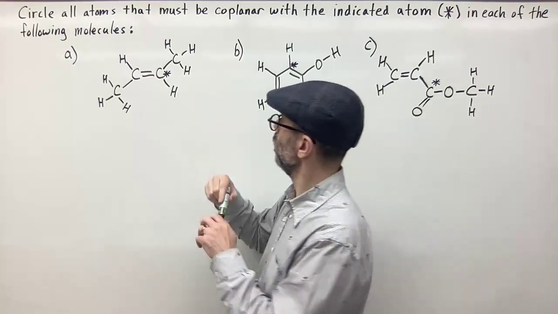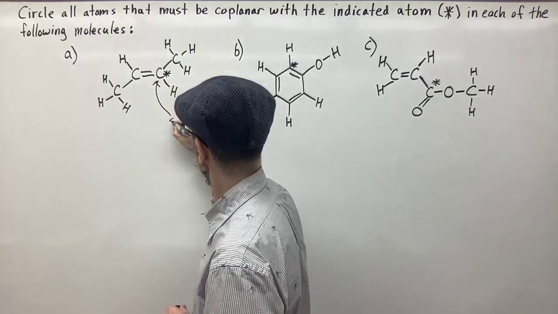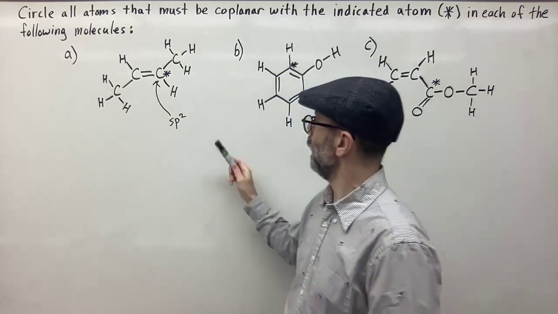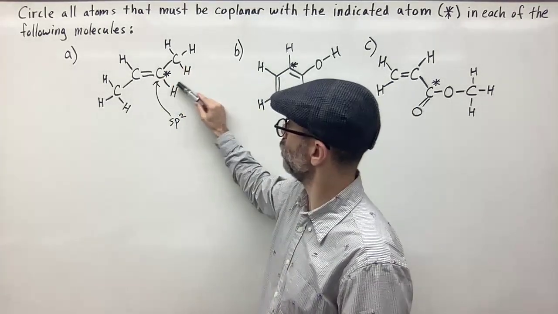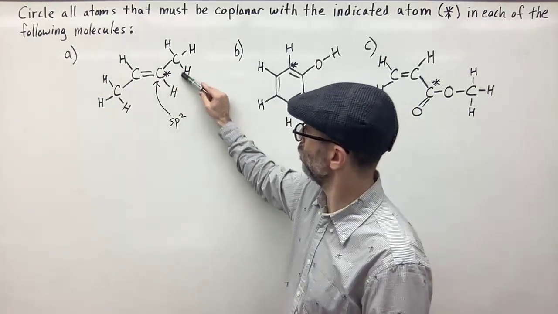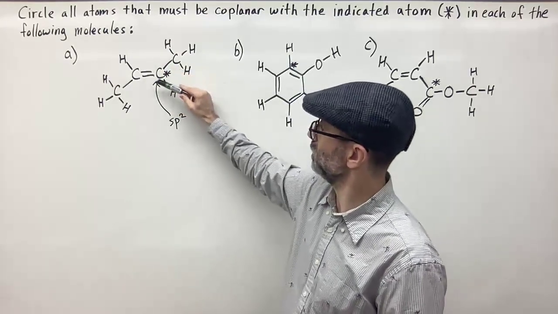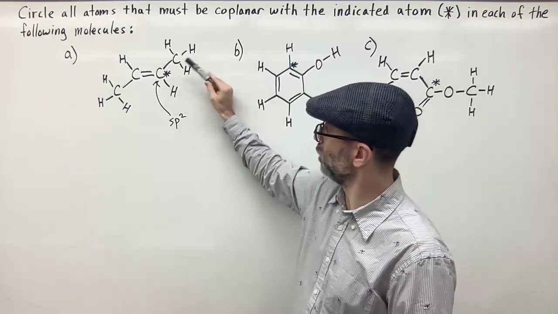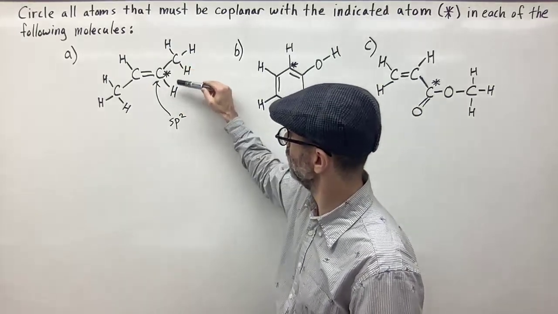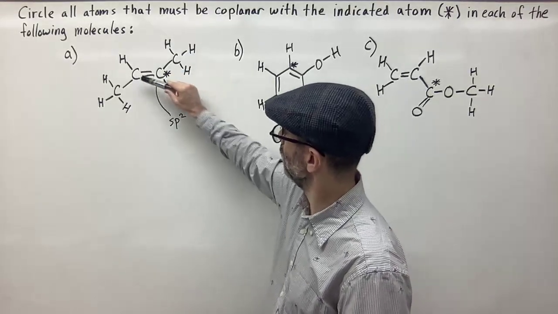And so therefore this carbon is going to have sp2 hybridization. And so this is going to be a trigonal planar part of the molecule. So the molecular geometry, the electron group geometry, is going to be trigonal planar, meaning that all of these atoms, the 4 atoms, the central atom plus this one and this one and this one, are all going to be in the same plane.